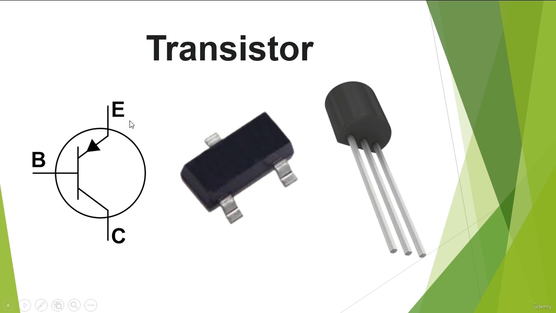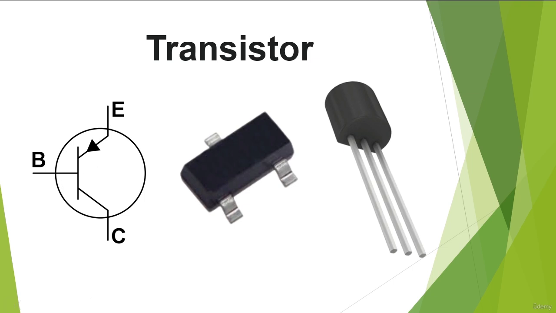Then the power will pass from emitter to collector. But if there is no voltage or no control signal, the transistor will not be activated. That's why we can use the transistor in switching mode or in amplification mode.